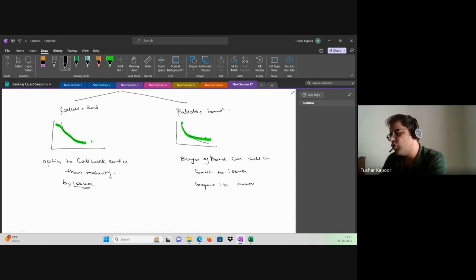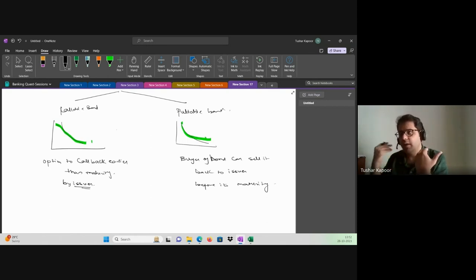So if the official maturity date is, let's say, 5 years, and the company, let's say Reliance, issues a bond for the 5 year term, and before the 5 year term is over, Reliance issues a circular in the market saying, I want to buy back those securities, and you can deposit it. That's a callable bond, right?